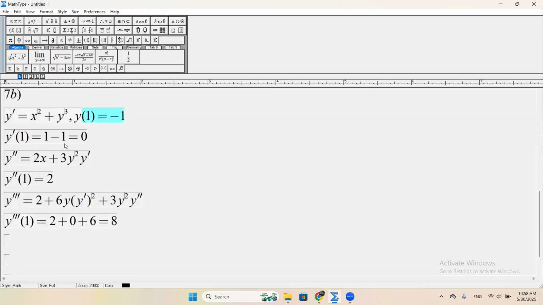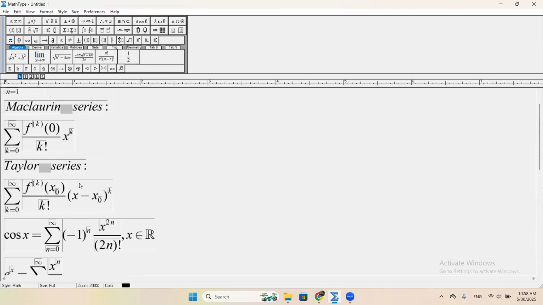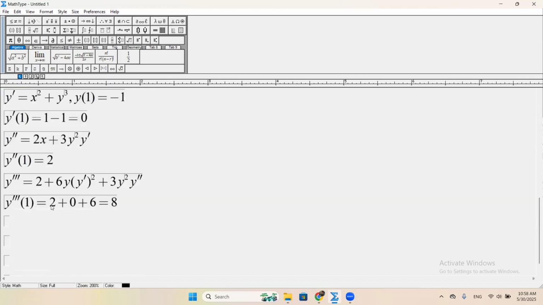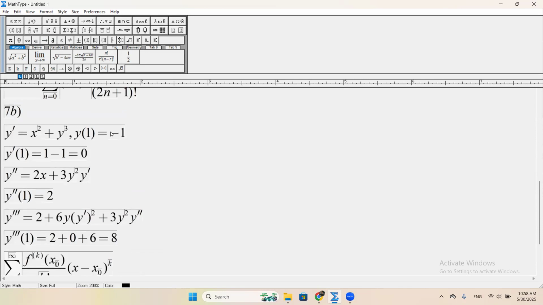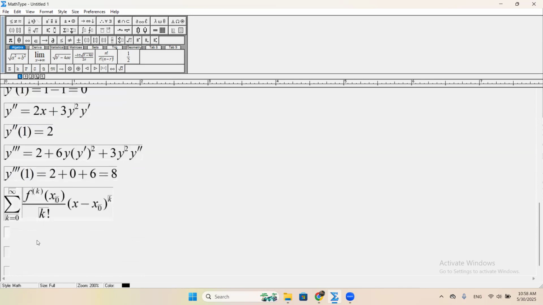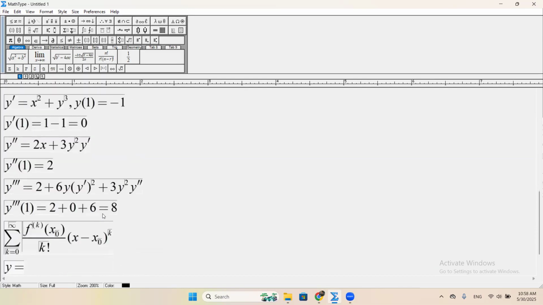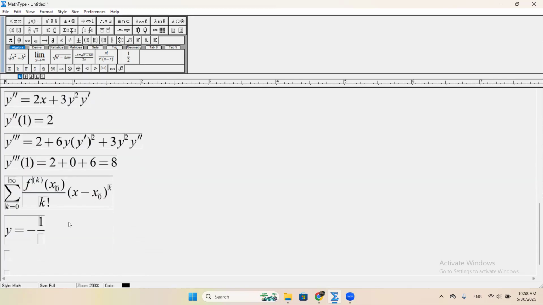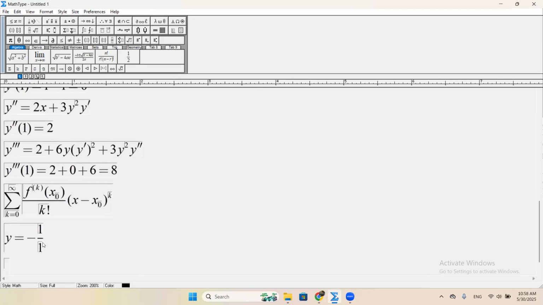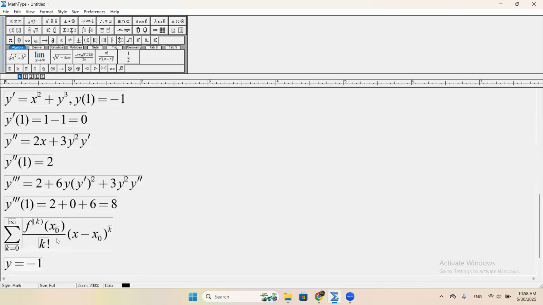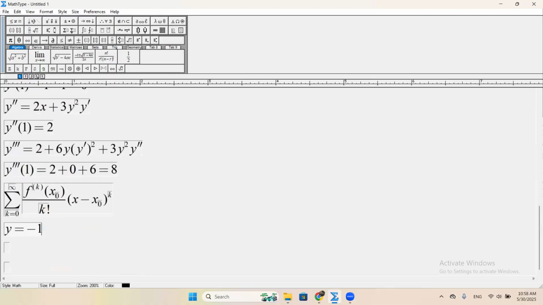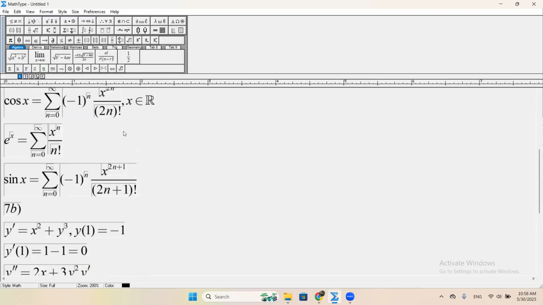So the first 3 terms, this, this, and this. And in this case, we will use not the Maclaurin series, but the Taylor series, because we have the point -1. So the approximate solution will be the following. The zero derivative will just be -1.